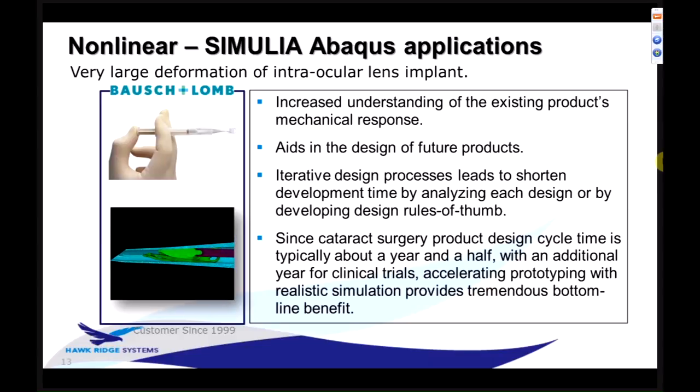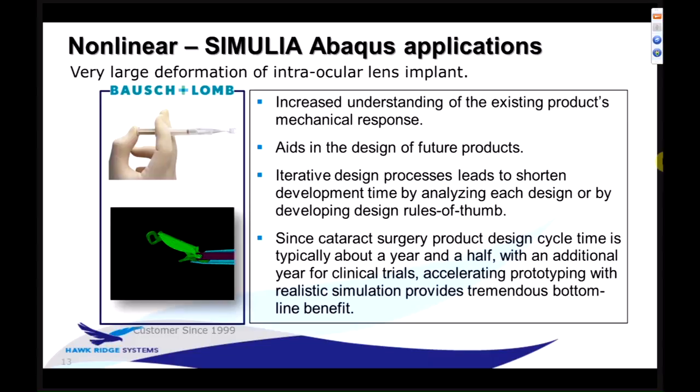So we've almost got the spectrum of simplicity of doing the analysis. It starts pretty simple with SOLIDWORKS Simulation, it's a little bit more involved with Simulation Premium, and it's a little more complex with SIMULIA Abaqus, but the complexity of what you get out of it also increases as well.